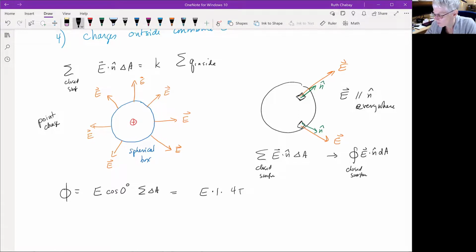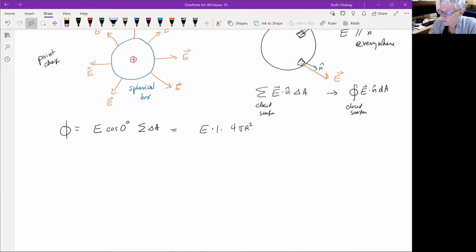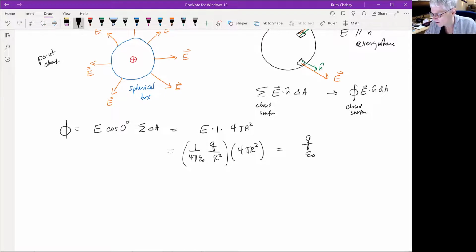It's 4 pi r squared. But we also know the magnitude of E. E is 1 over 4 pi epsilon 0 q over r squared, times 4 pi r squared, which is equal to q over epsilon 0.